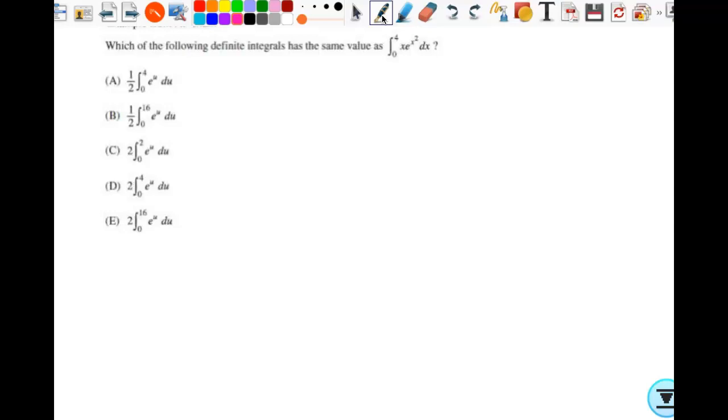What's e to the 0? What's anything to the 0 power? 1.